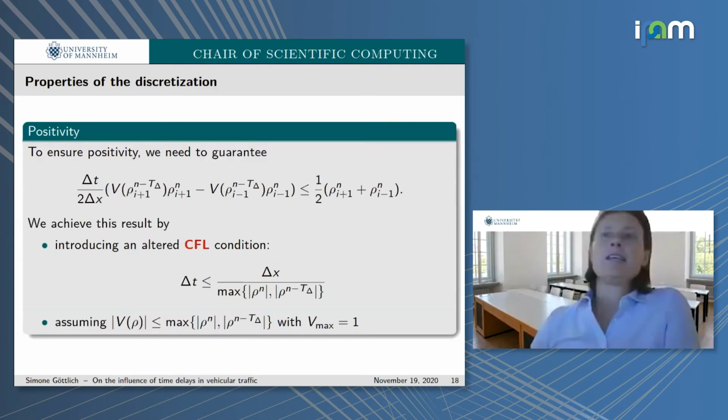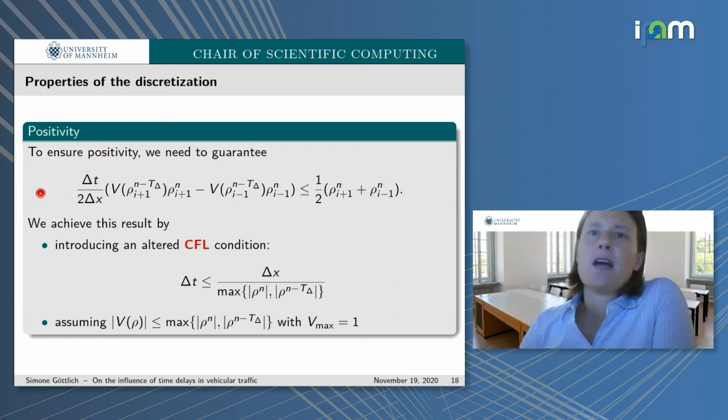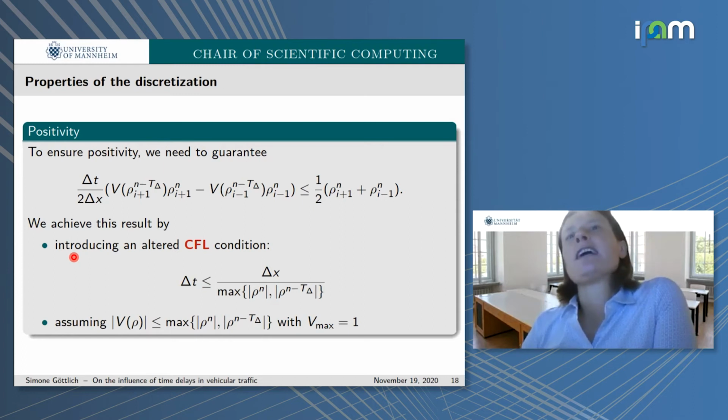And for the positivity, we have to guarantee this inequality here. What's really interesting at this point is that we now need to ensure a different kind of CFL condition. This is not the classical one, but due to the calculation of this positivity result, we ended up with this CFL condition, as you can see here.